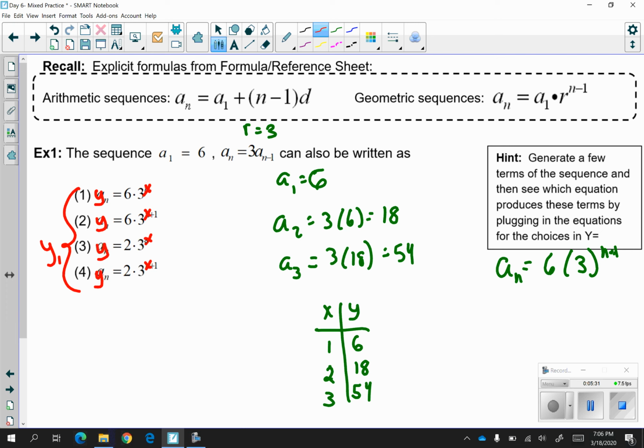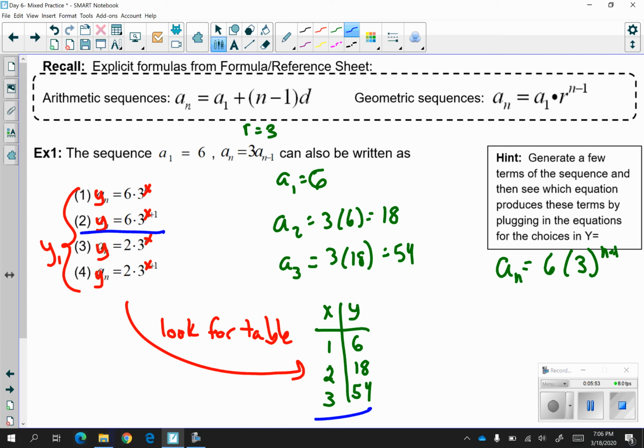Now when you put it in your calculator, you're looking for this table. So take a minute, pause the video, put them all in your calculator, and see which one gives you this. And if you notice, choice 3 should work.